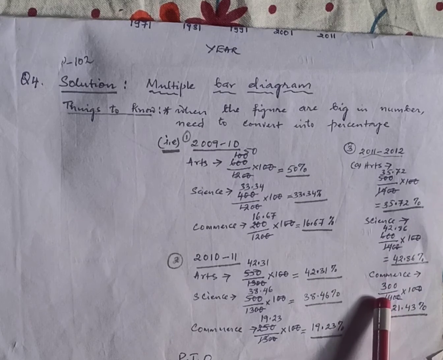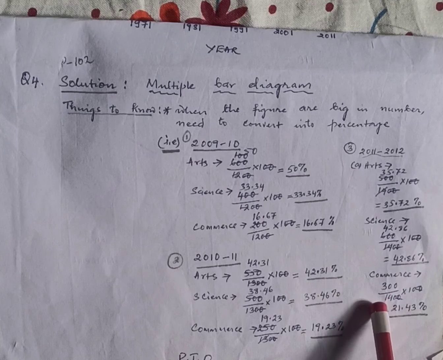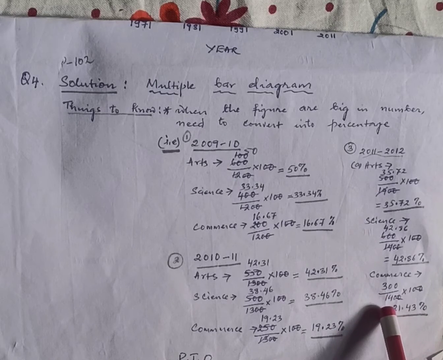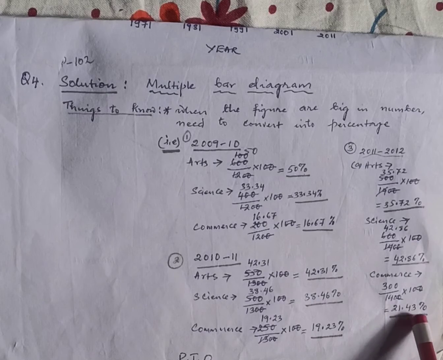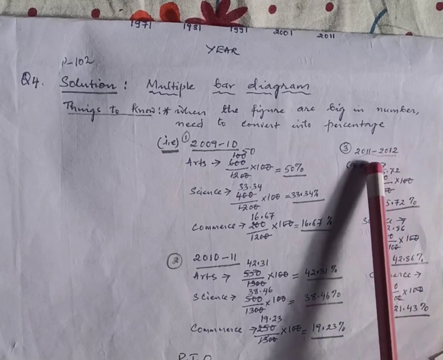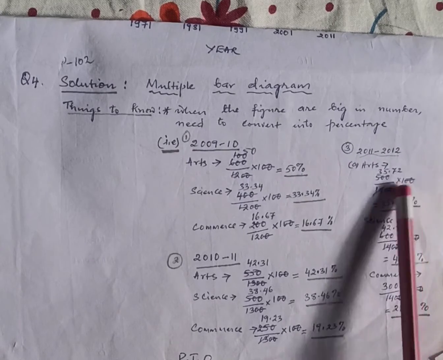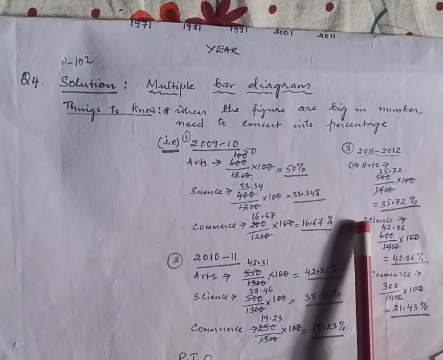And in commerce, the question gives 300. That means 300 commerce students are there in 2011-12. So to convert into percentage, divided by the total number of faculties, 1400, into 100, we got 21.43%. So in 2011-12 also we have converted into percentage. So each year is already converted into percentage.